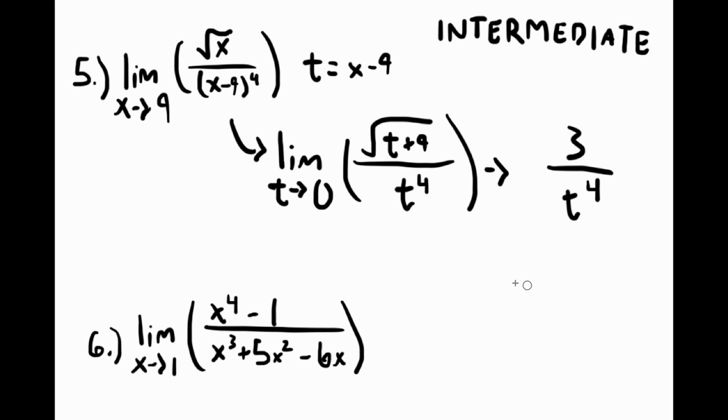So it's going to end up becoming infinity because the value keeps increasing as t approaches 0. It is just going to be equal to infinity.